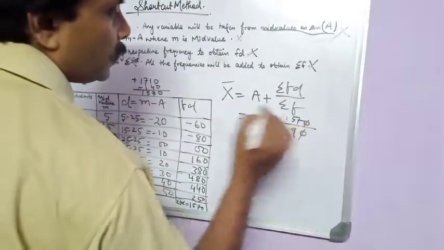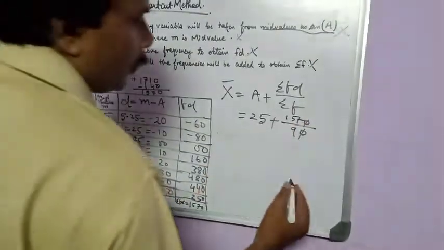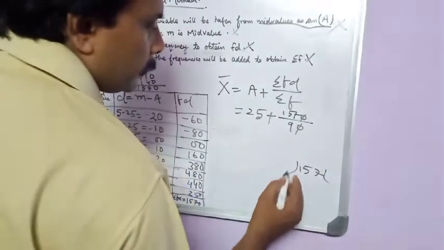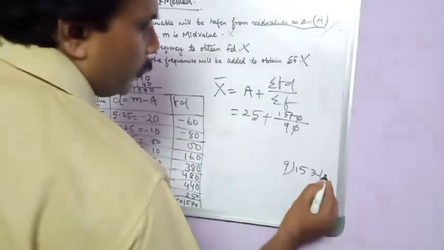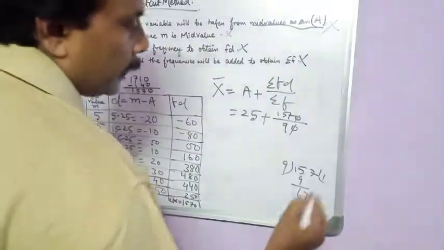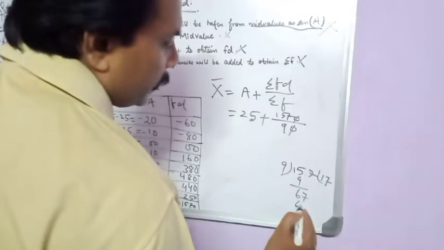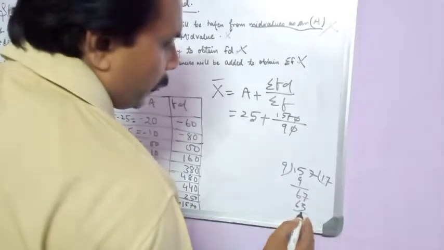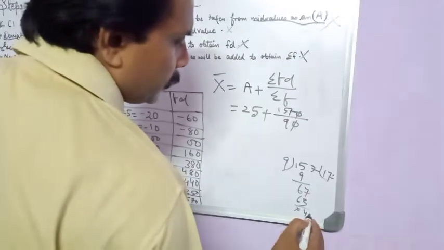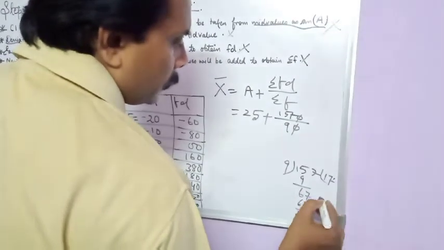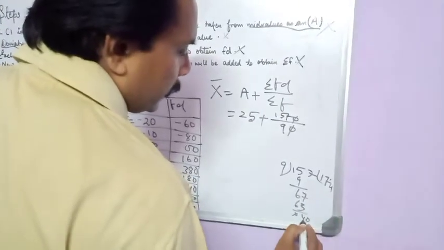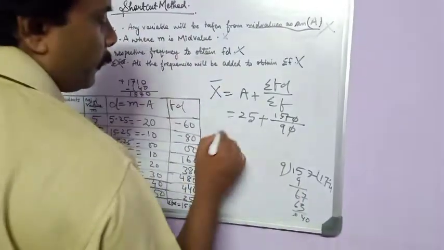So the zeros cancel. Now 157 divided by 9: 9 ones are 9, 6, 9 sevens are 63, then 4, 0, that is 36. So 17.4.